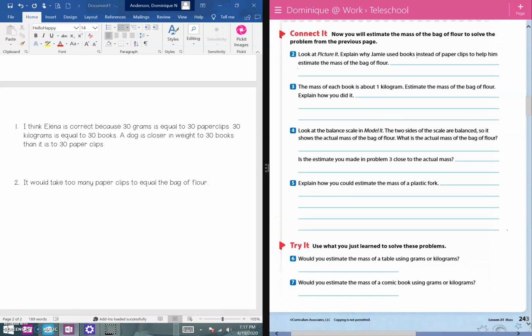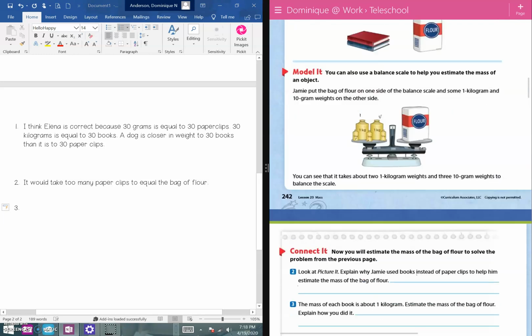Okay, now number 3. It says, the mass of each book is about 1 kilogram. Estimate the mass of the bag of flour. Explain how you did it.